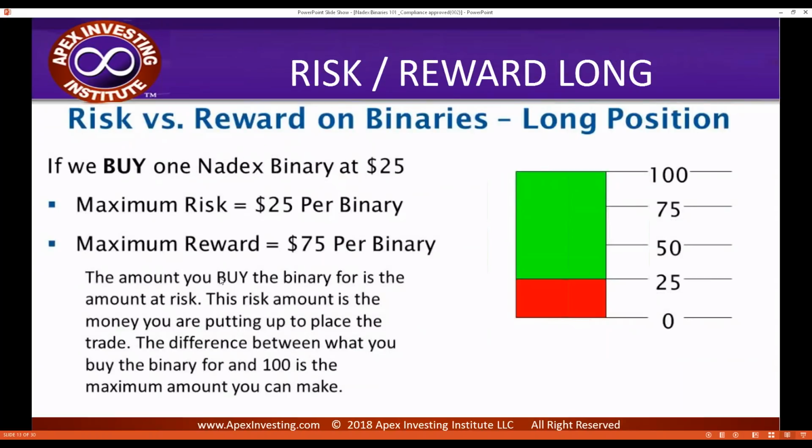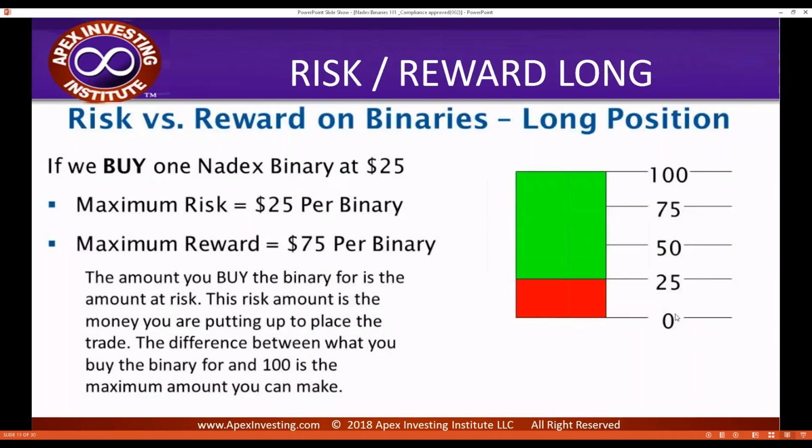Okay, so let's make sure we understand risk and reward with binaries. We're going to look at an example of buying a binary. If I buy a Nadex binary for $25, my maximum risk is $25. On the buy side, whatever I put up, whatever price I buy it for, that is my total maximum risk.